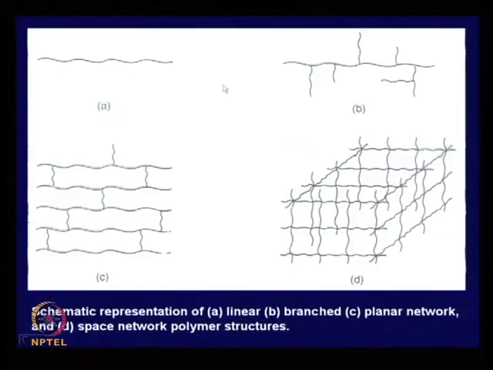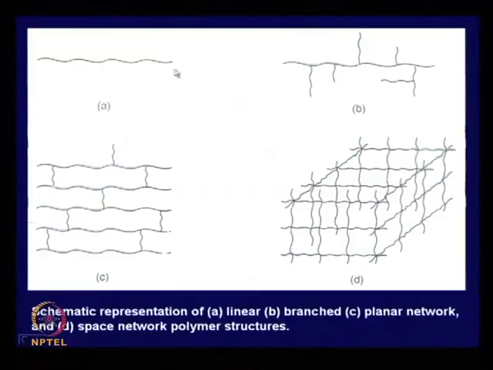Now, if I ask you a question: in case of a linear polymer, there is a limit of molecular weight, its length is from here to here, it may be say 10 kilodalton, 100 kilodalton, 1000 kilodalton. Here the molecular weight is a little bigger because of these branches.